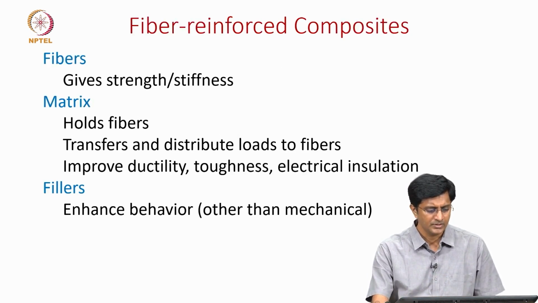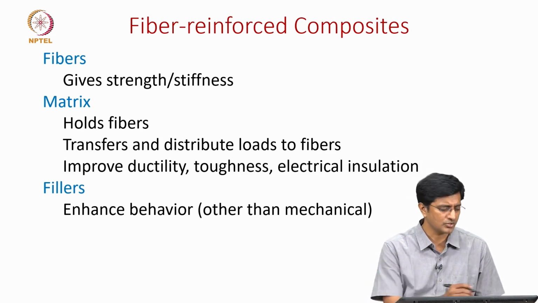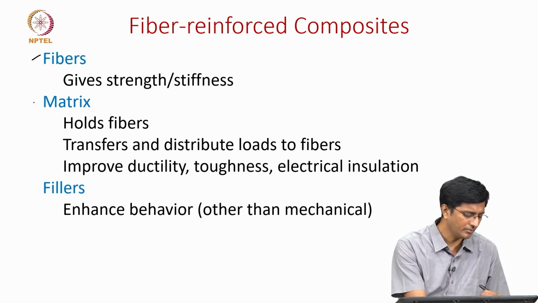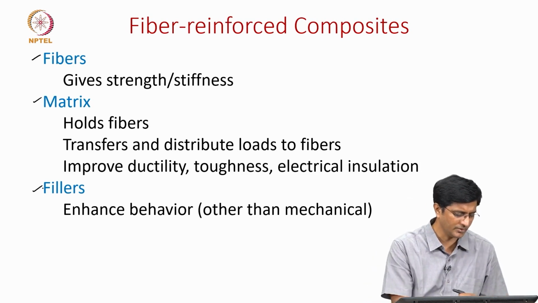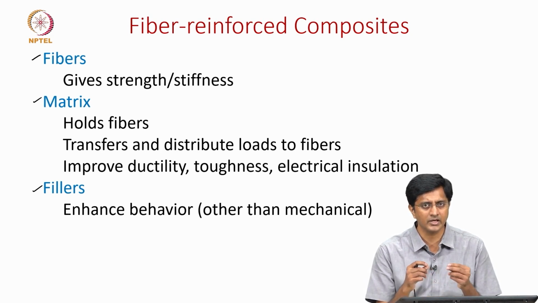Okay. So, let us recap what we discussed about fiber reinforced composites. We said this composite has three major constituents: the fiber, the matrix material and the filler material. We said fibers are the load bearing materials in the composites, primarily because they have good strength and stiffness. But we simply cannot have these fibers alone because they are very fragile, especially when we apply transverse loads.